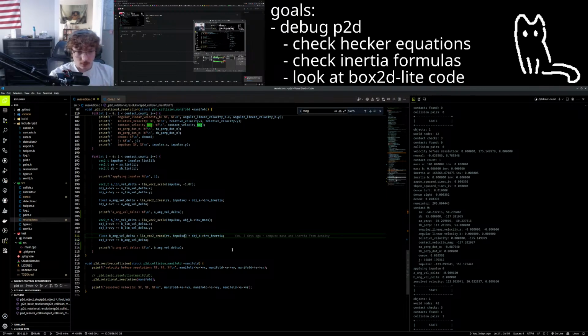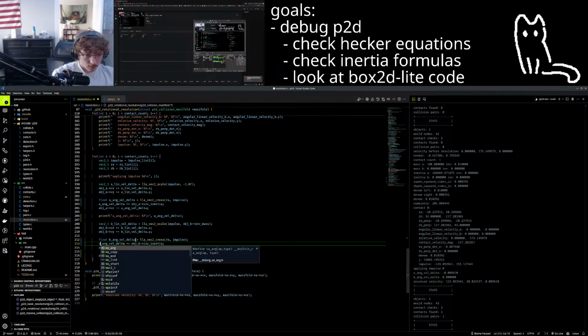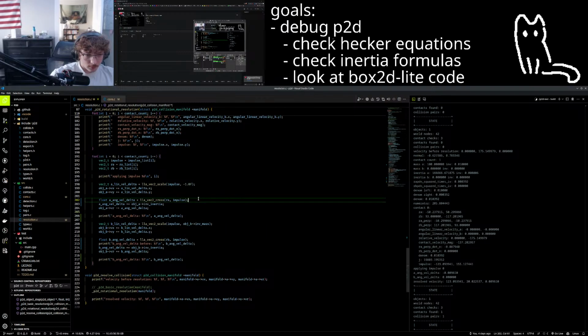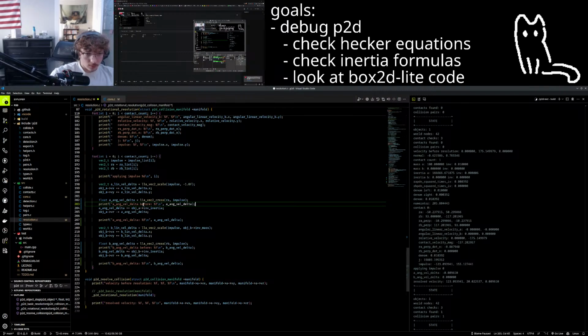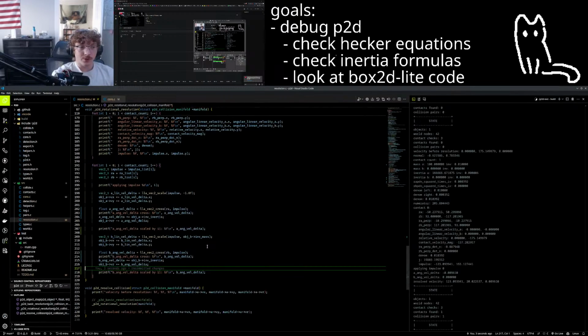So first thing, let's just have a look. Let's start calling it inverse inertia. Wonder how much easier that makes it to read.